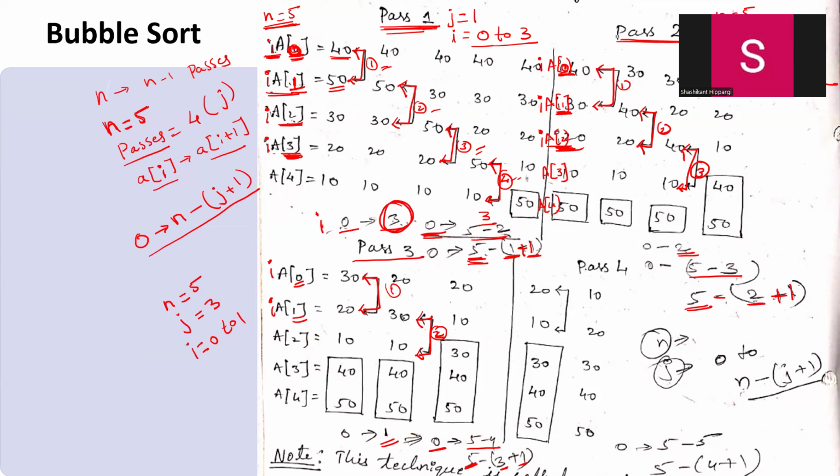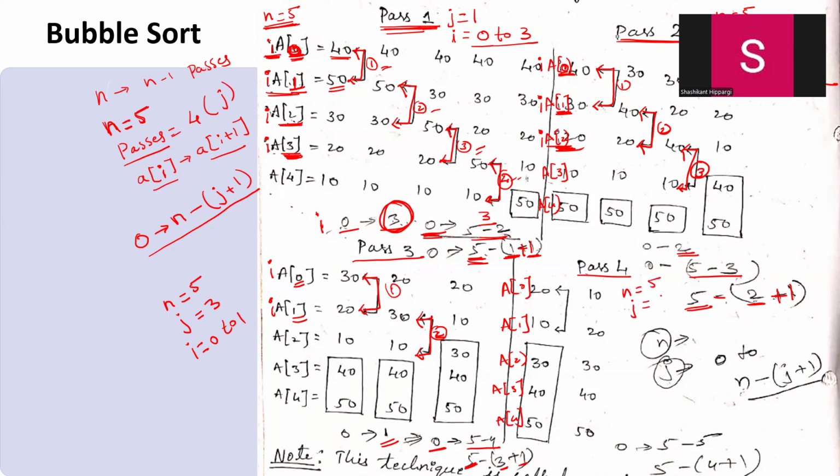Now if we come to pass 4. This is A of 0, A of 1, A of 2, A of 3, A of 4. In this case, we have n equal to 5.